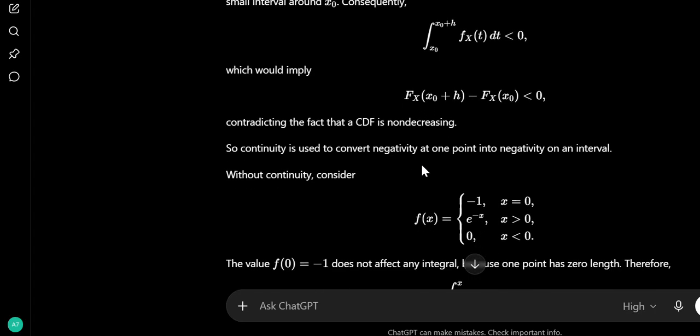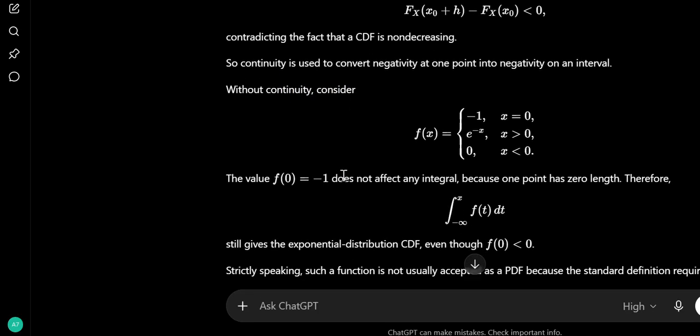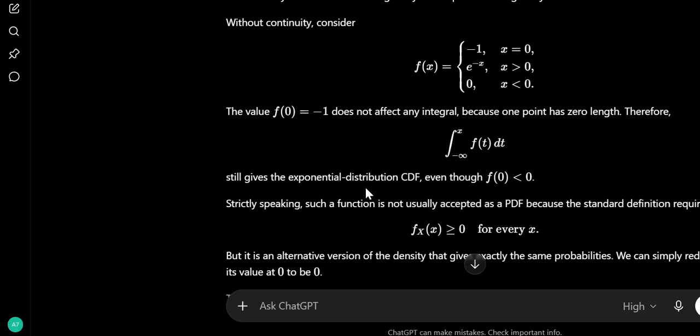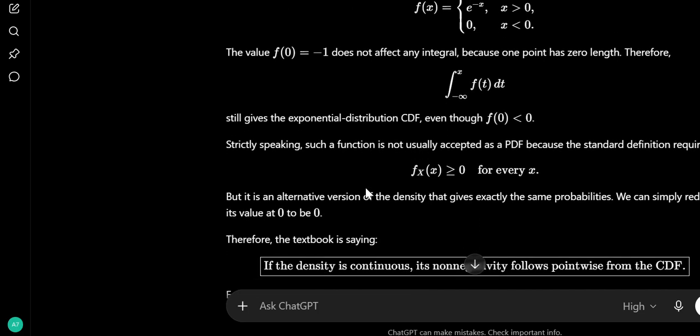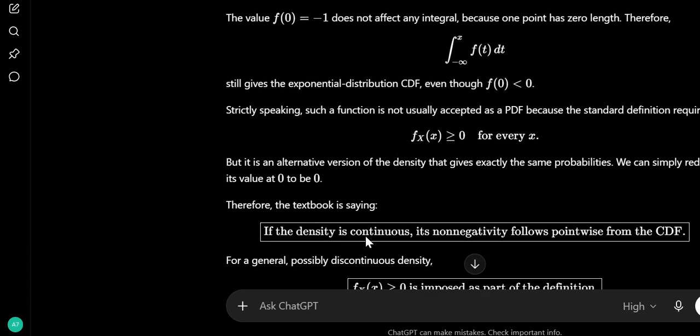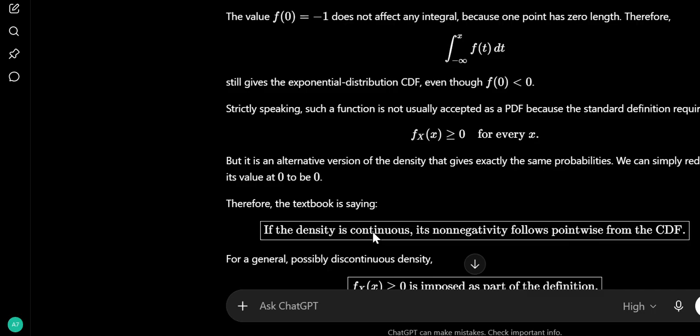Therefore, the textbook is saying that if the density is continuous, its non-negativity follows pointwise from the CDF.